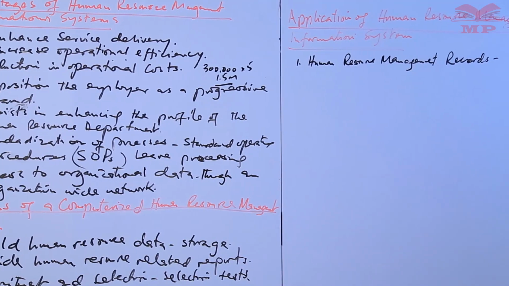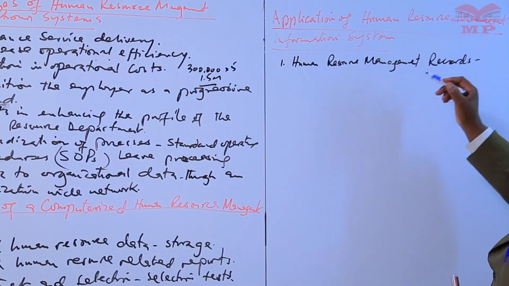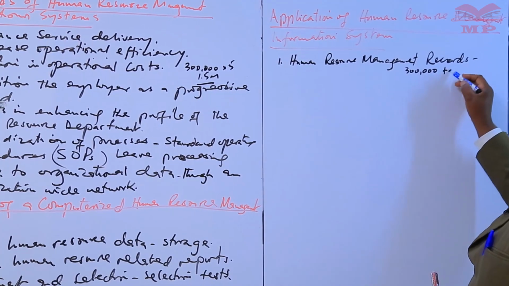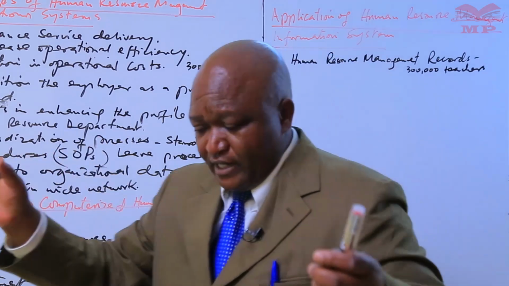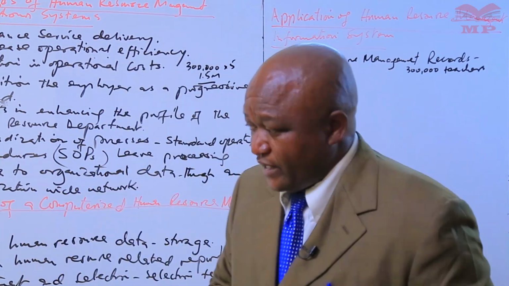If you have an organization like the Teacher Service Commission, and this Teacher Service Commission has, say, 300,000 teachers, and these 300,000 teachers are spread over the 47 counties in over 18,000, say, primary schools.